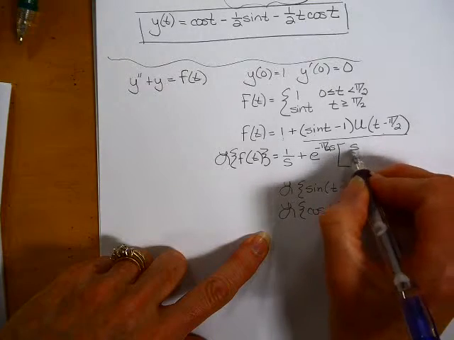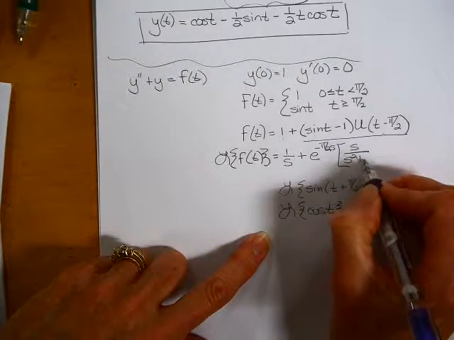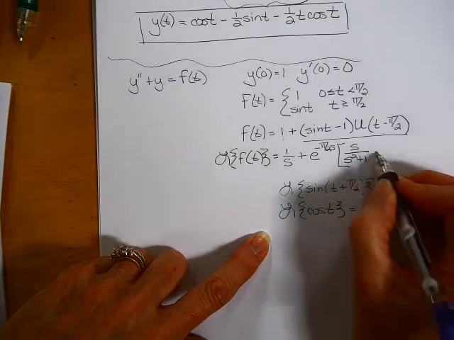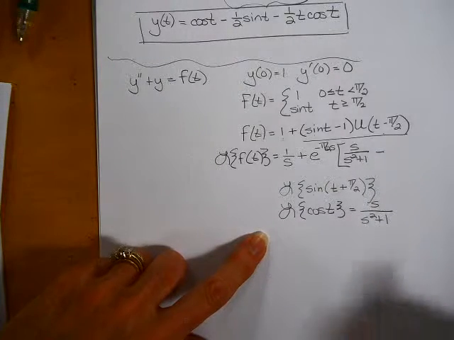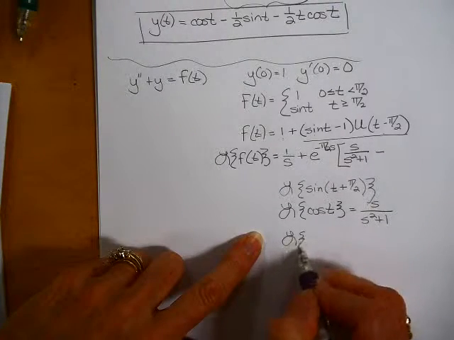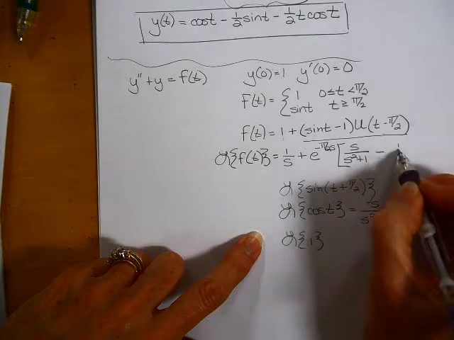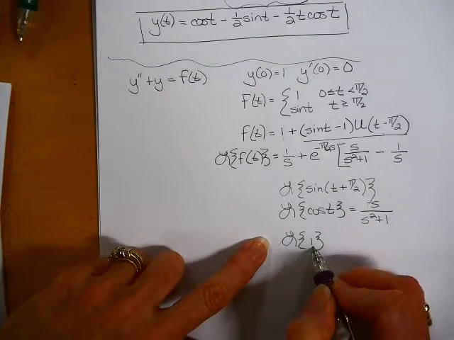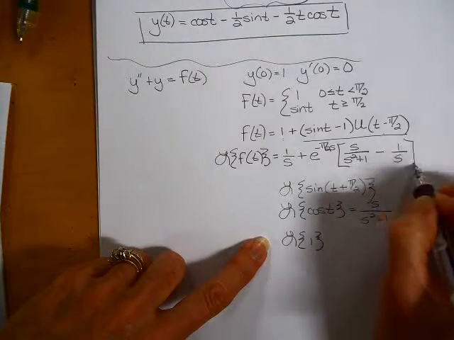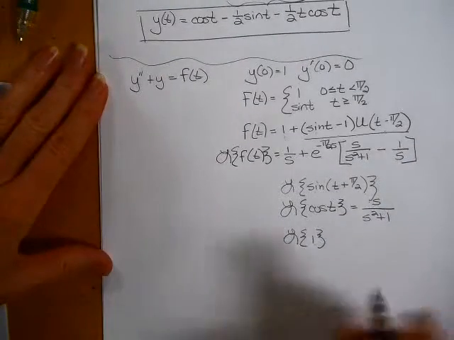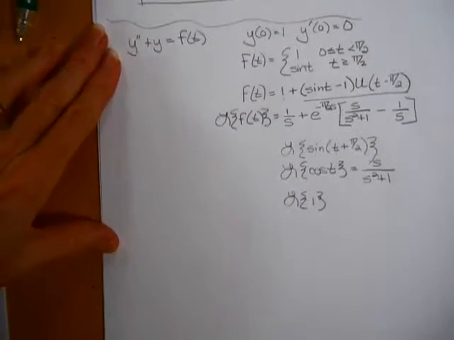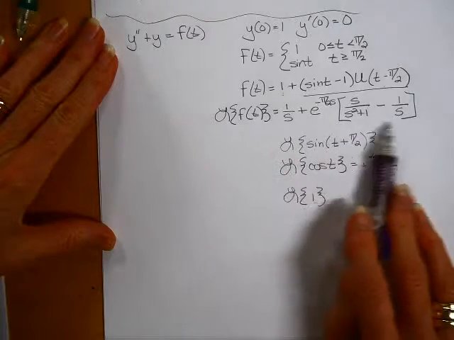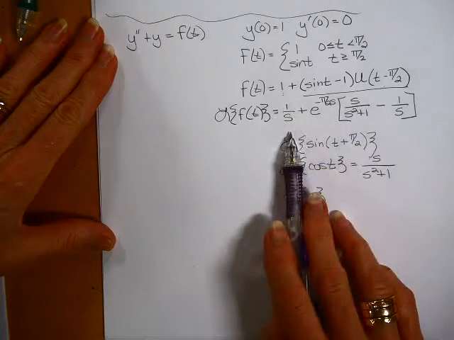So this is s over s squared plus 1 minus, I need the Laplace transform of 1, which is 1 over s. There is no t plus a here, so it's just 1. Is there a question about what I did here, or do y'all see anything that I did wrong?